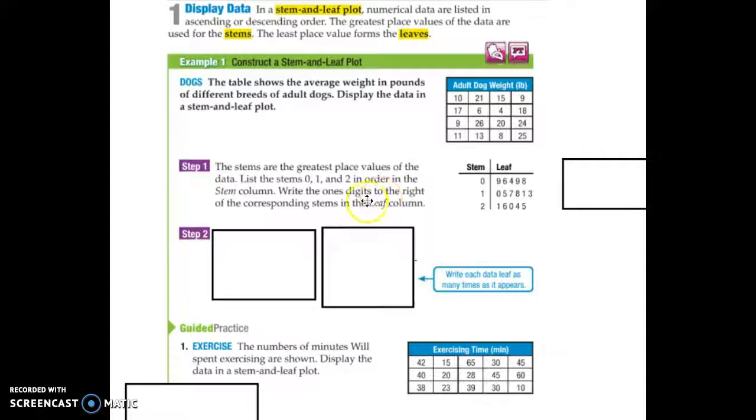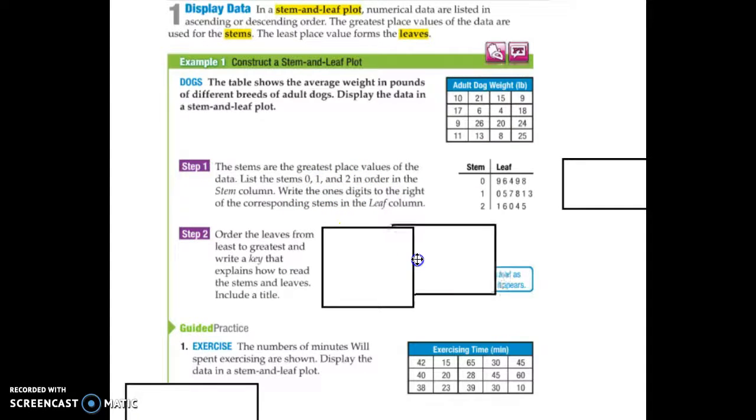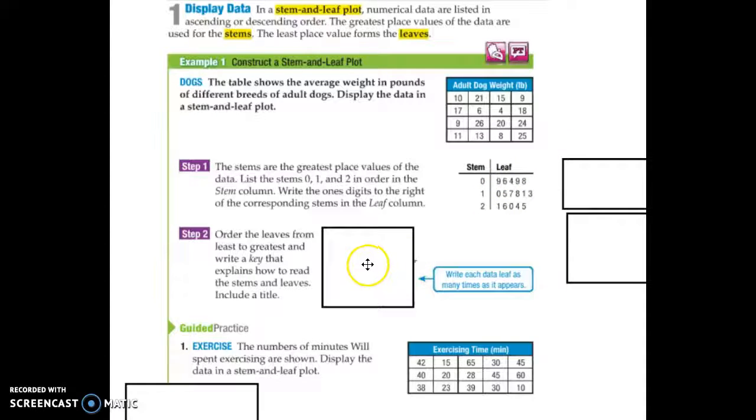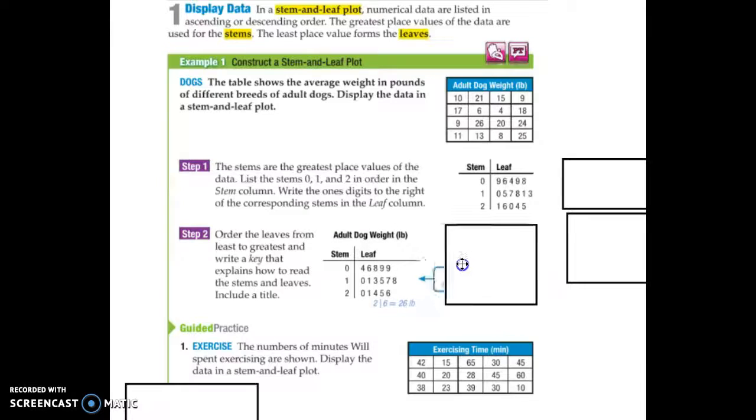Now, to do the leaf column, I order those from least to greatest, and then I need to write a key. I should also include a title. So, from smallest to largest, here's what my stem and leaf plot would look like.